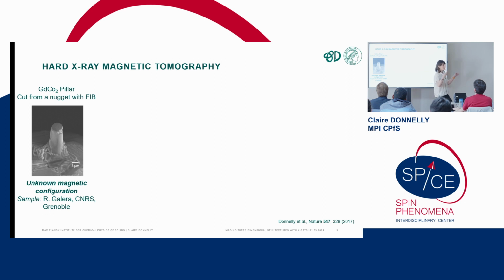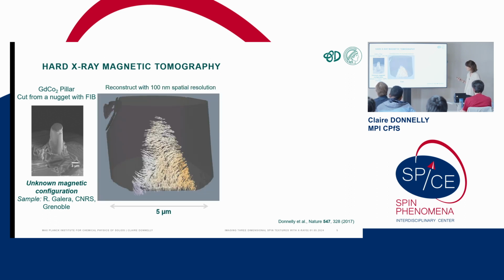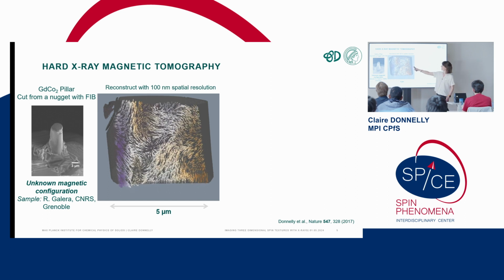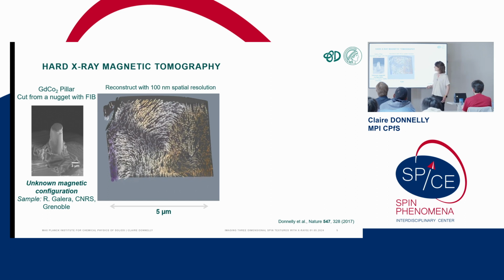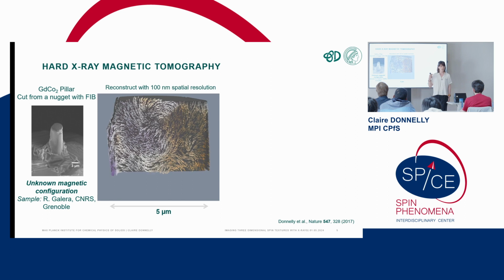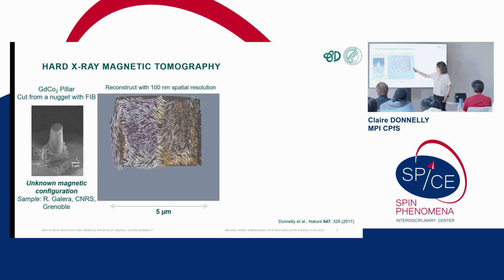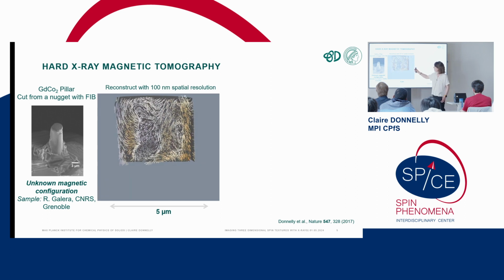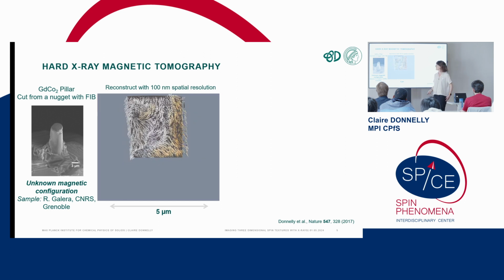So with X-rays, we can really image much thicker samples than are possible with electrons. And by performing hard X-ray magnetic tomography, we were then able to recover the internal magnetic configuration of this chunk of material with about 100 nanometer spatial resolution. In this way, you can see that we can really recover the magnetization vector in 3D space.